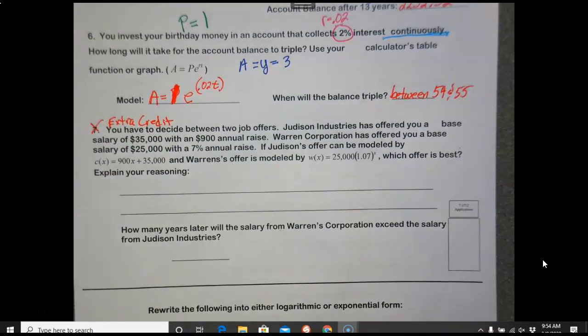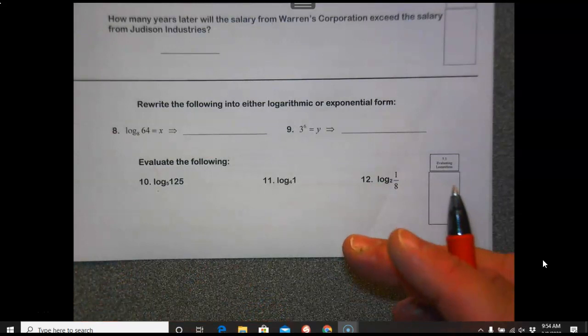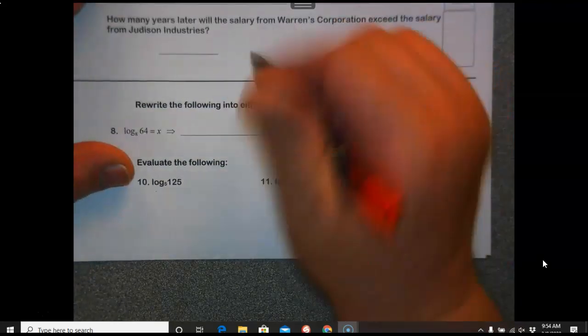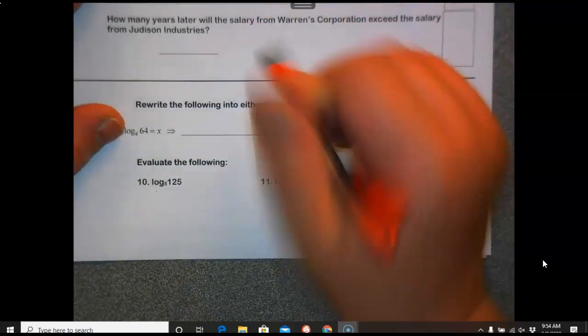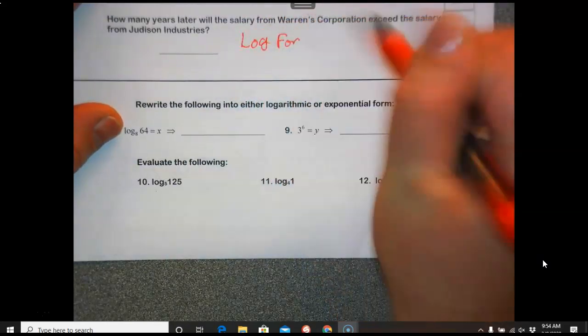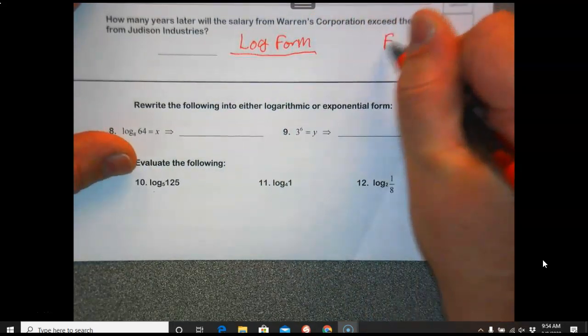All right. So let's look at number 8. It says rewrite the following into either log or exponential form. So remember I told you guys kind of write this down on a card or something. I told my first hour I'd actually make up a card. So I have log form and I have exponential form.